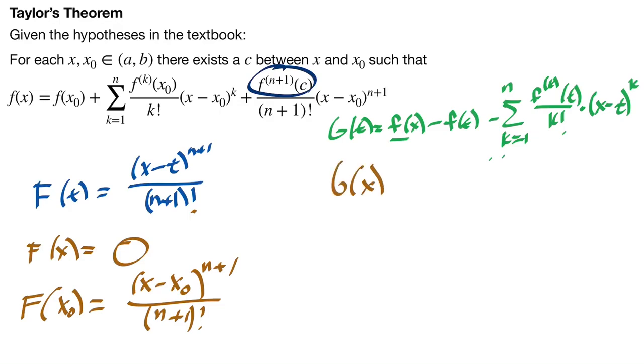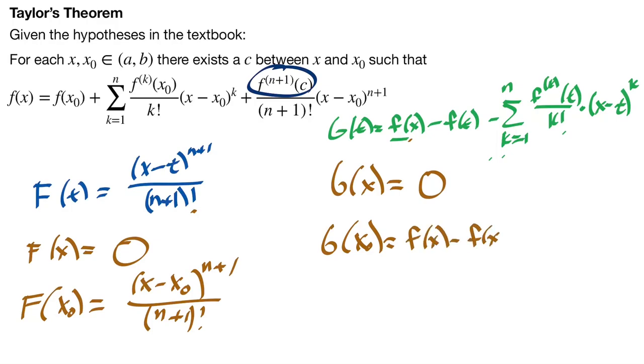Okay, well, let's come over here and say, what is g of capital X? Well, this ends up being f of x minus f of x, so this part right here ends up going to 0. And then x minus x, so this part right here also goes to 0, and so you'll see that everything in our entire equation goes to 0. So g of x is equal to 0. And then what is g of x naught?